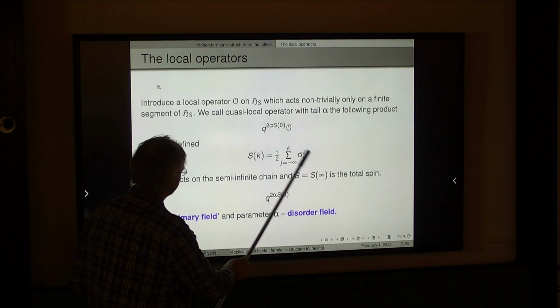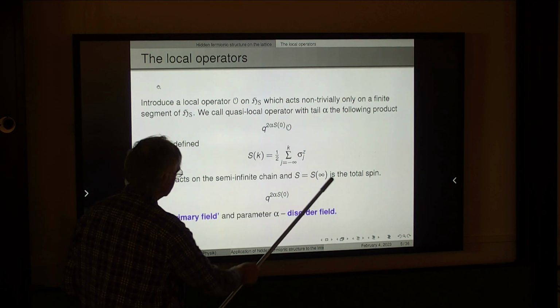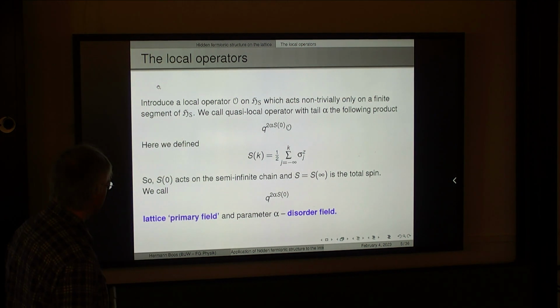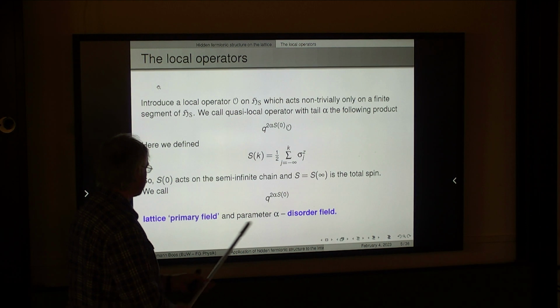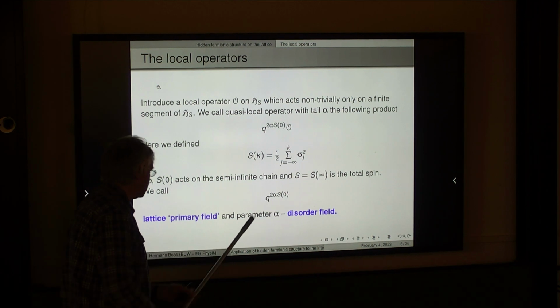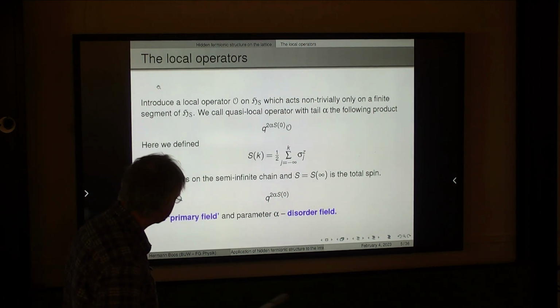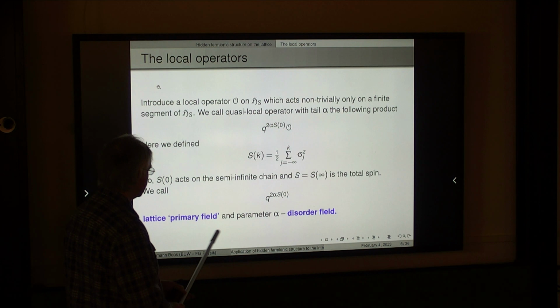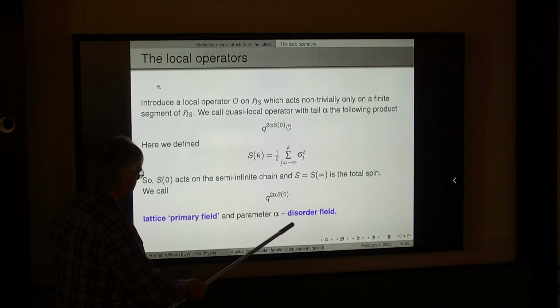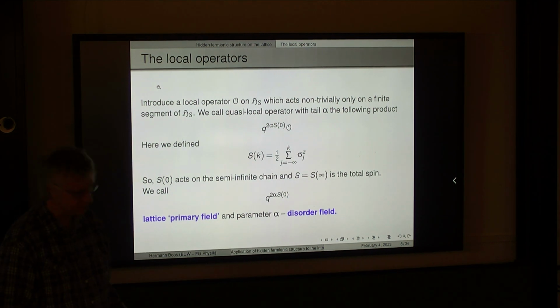Also, S of infinity, if k goes to infinity, will give us the total spin. So this special operator will be called the lattice primary field, in spite of the fact that it's not quite true, but still. And the parameter alpha will be called the disorder field.